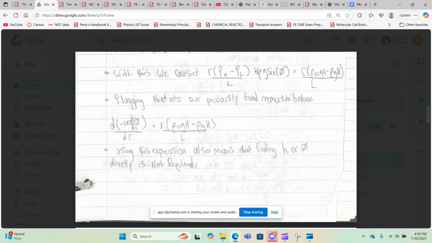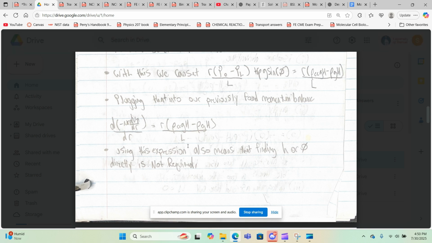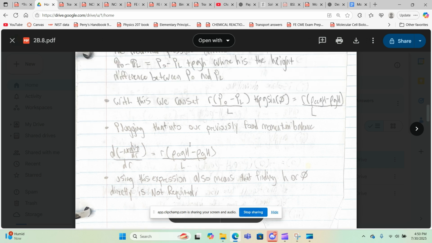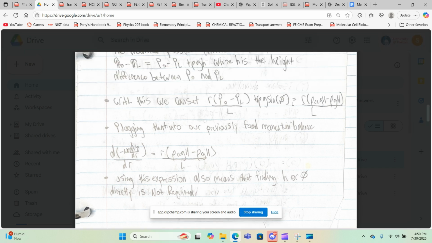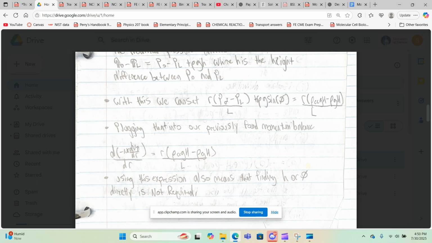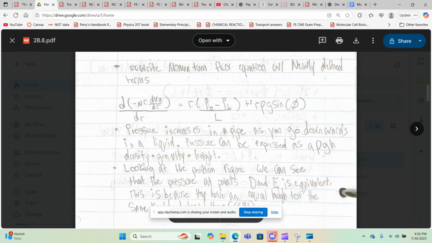All right, back to the Google Drive. So from this we get this expression, and that's because we're inserting this into this expression here.